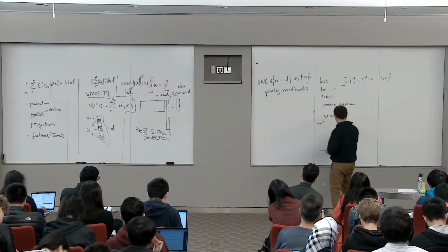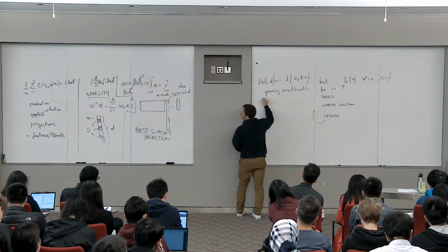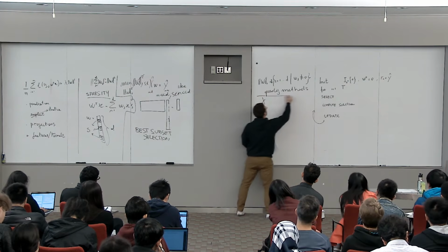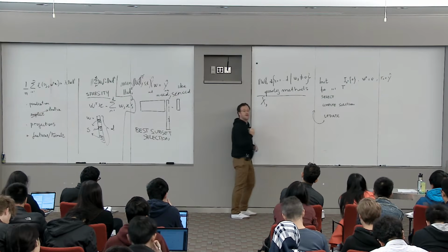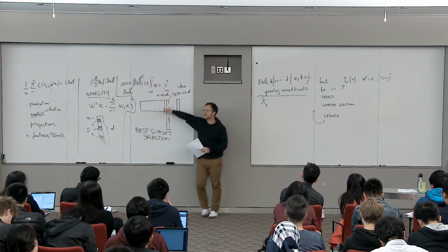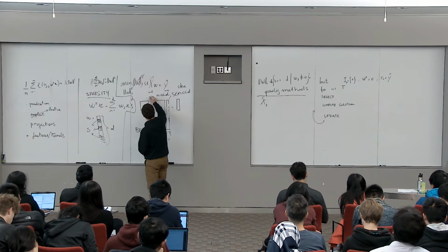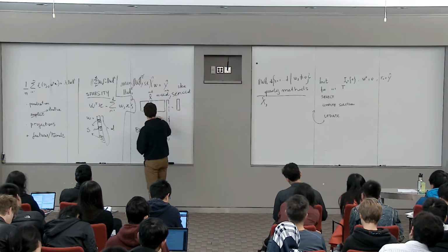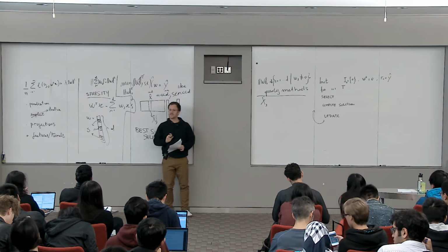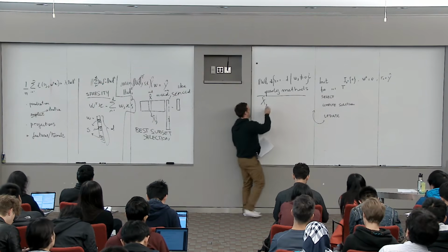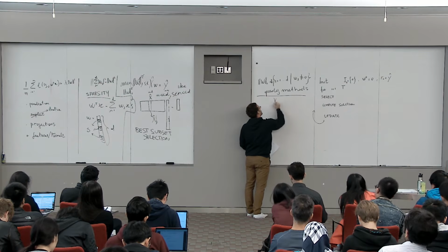Well, no, let me not write it that way. Let me do one calculation here. Let me call x hat j the jth column of this matrix. So this is x, and this is x hat j. Make sense?